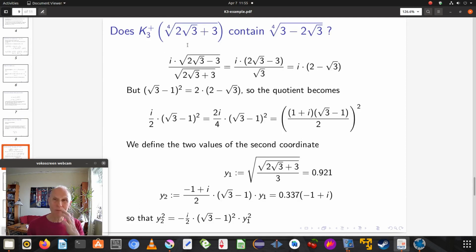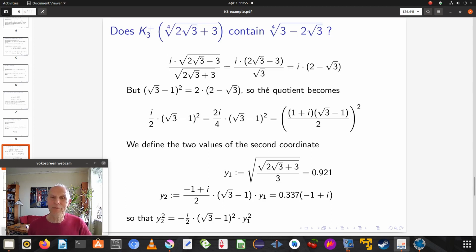So now, can I actually see that this guy is contained in this extension of K3 plus? So I did what I've done a few times before, but this time I included the imaginary unit for reasons I don't really know. I was tired when I did it. You already have this.